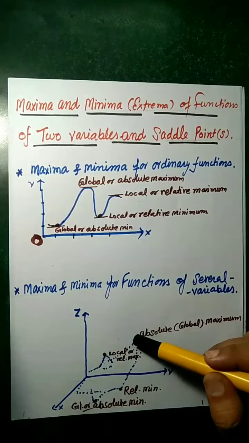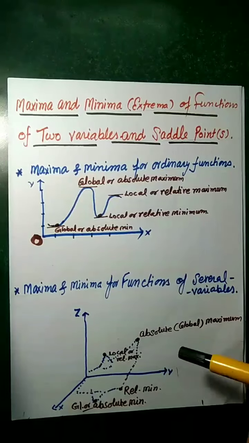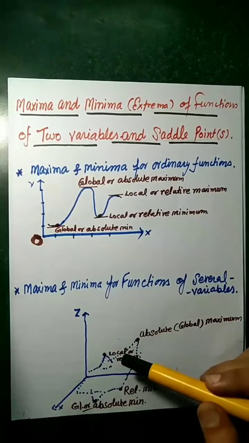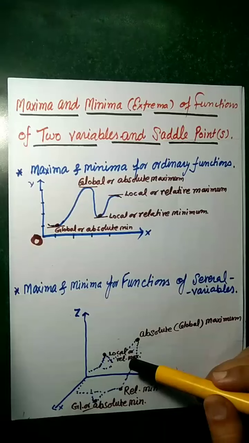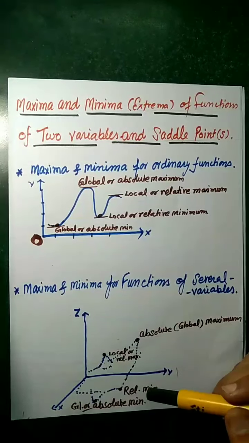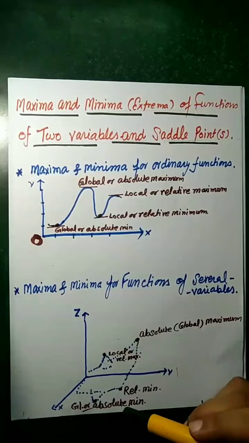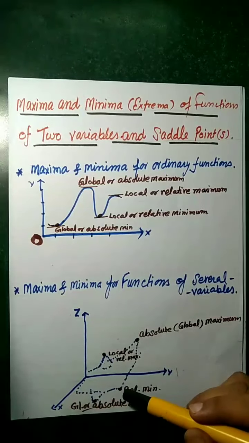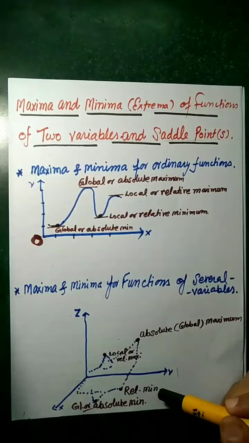The topmost value on the surface is the absolute or global maximum, and the second topmost value is a local maximum. The smallest value is the absolute minimum, and the second smallest value is a relative minimum.